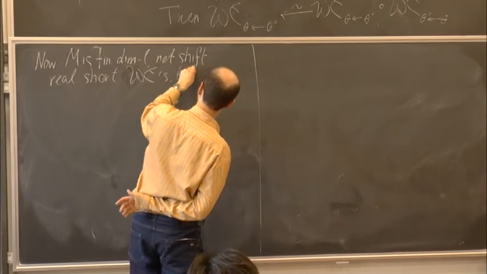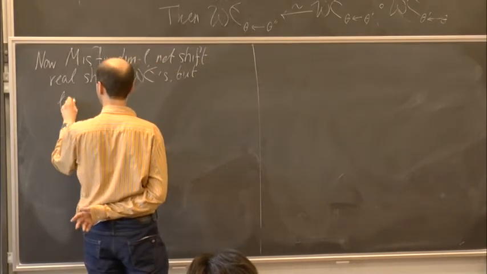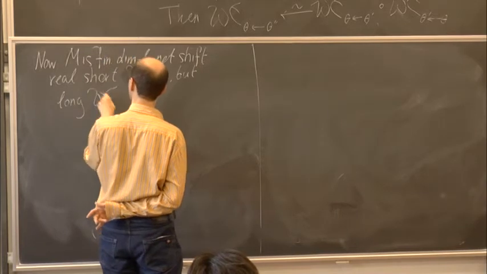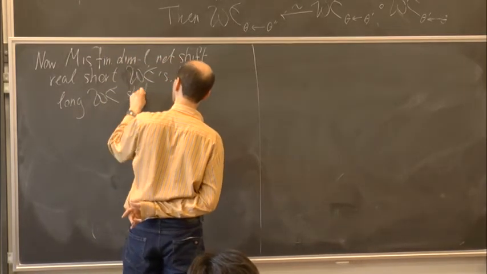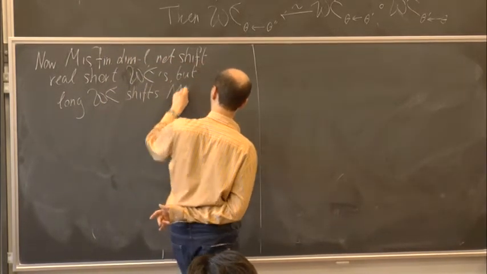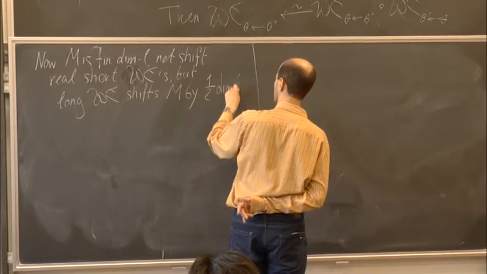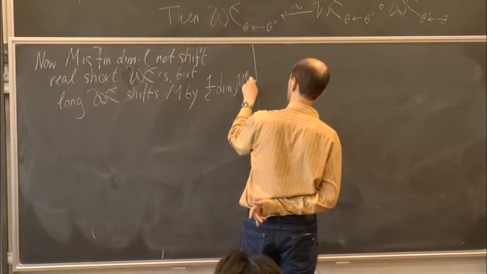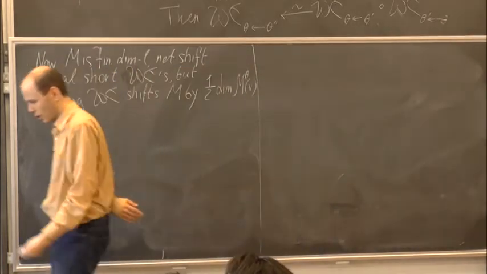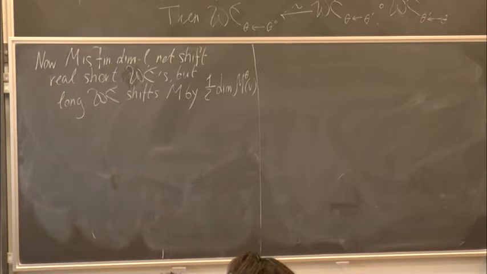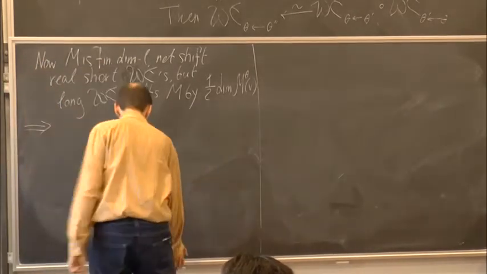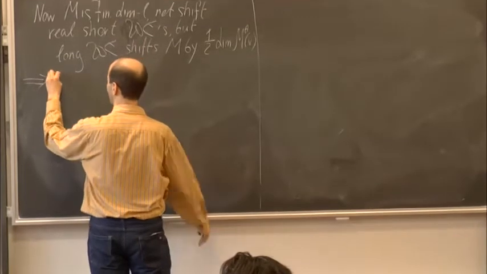But the long-wall crossing shifts it by 1/2 of the dimension of the Q over H. So how can this happen? This can only happen if the remaining short-wall crossing functor does the job. Just does the full shift. So from here, you sort of deduce that.